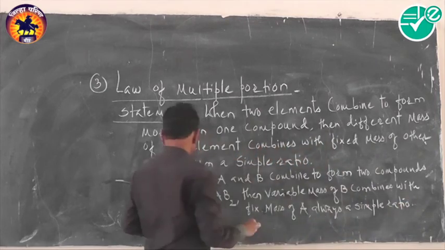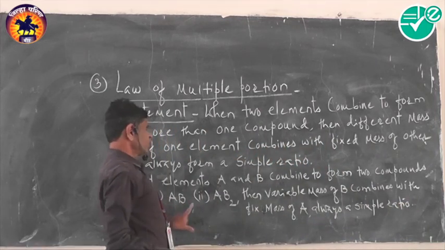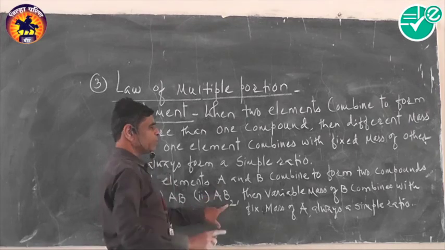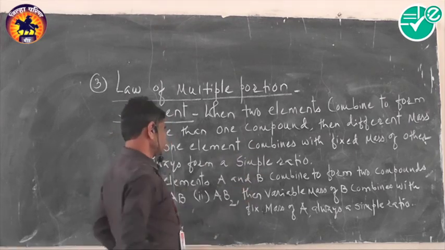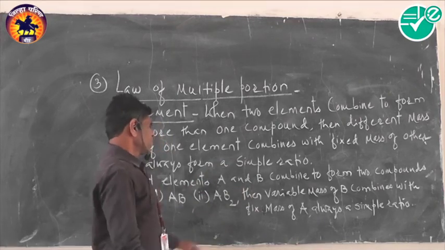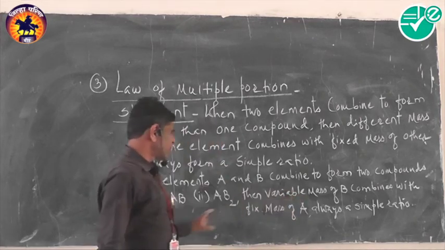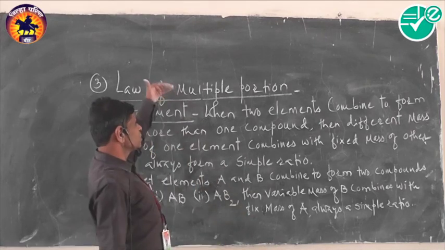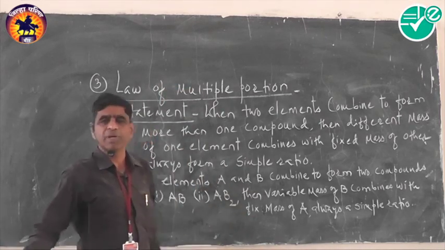It means here B1 and B2, remember, the ratio of B1 to B2 is always a simple ratio. So the variable mass of B which combines with fixed mass of A is always a simple ratio. So this is law of multiple proportion.